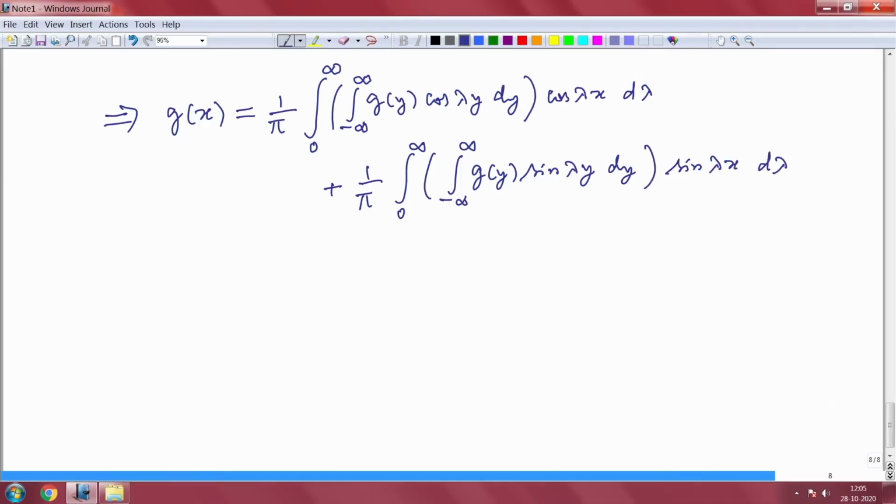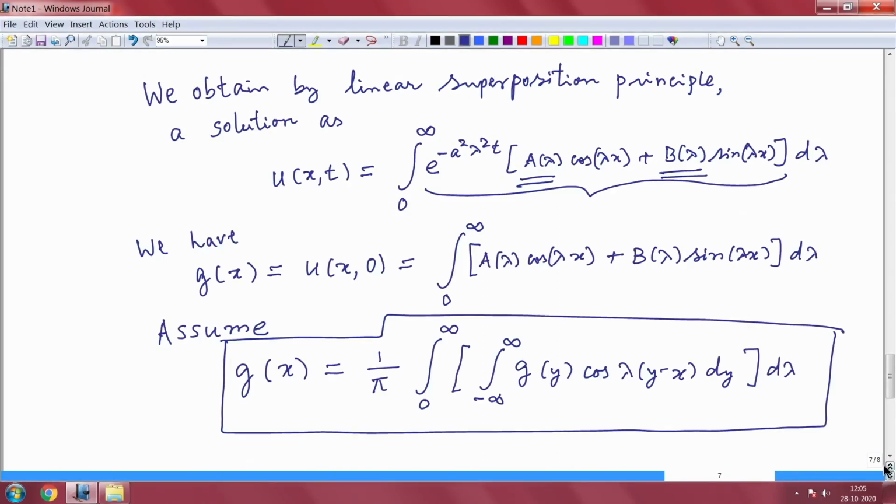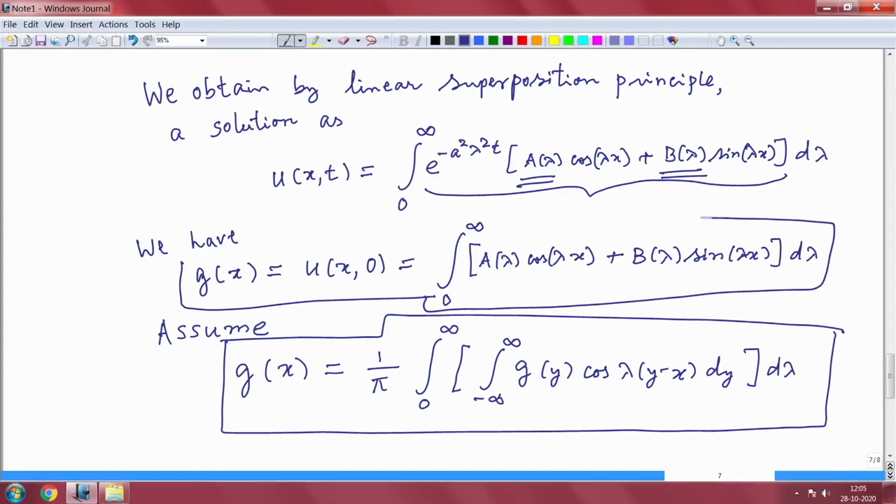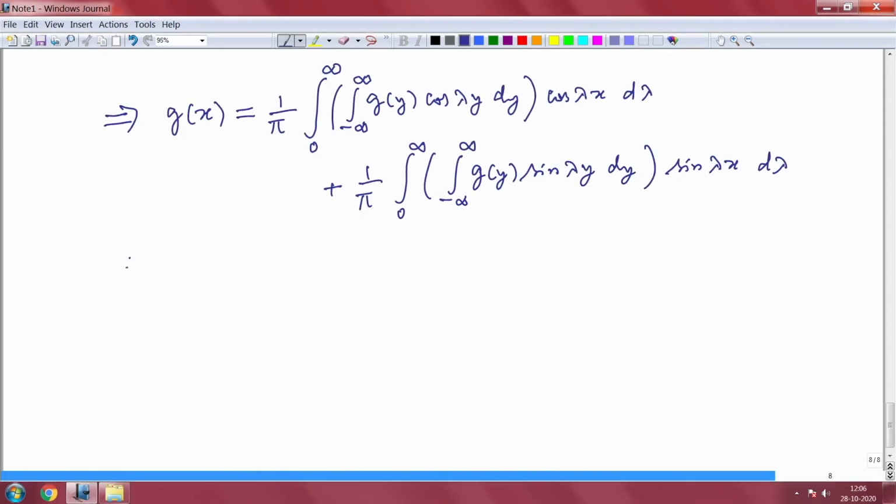So, with this assumption on G, we could write G as a sum of two integrals and compare this with the one we obtained from the formal solution. You immediately recognize that, so you just compare them.